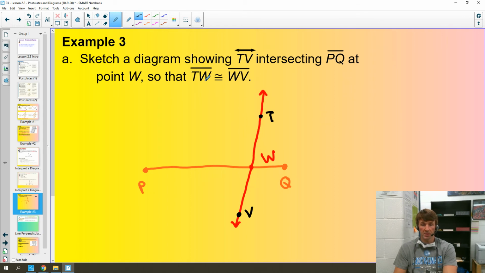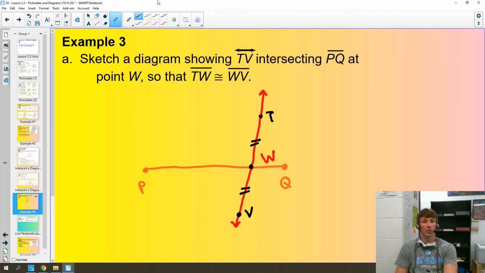I think we've done a decent job as far as putting him somewhat accurately. The thing that's a must-have, probably a good portion of the points, is I need to show that TW is congruent to WV, and we do it using those tick marks. So that's the last piece of the puzzle that I got to have.